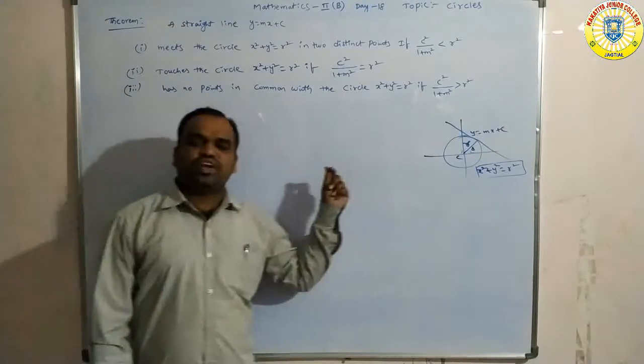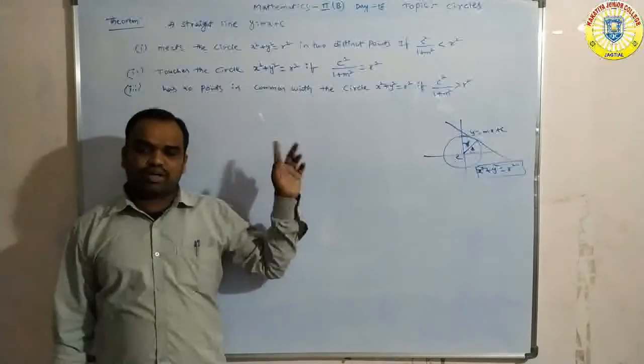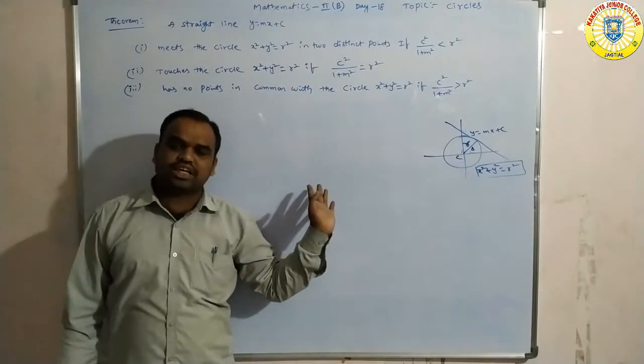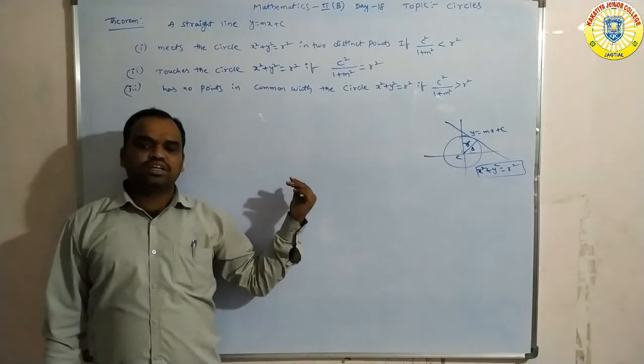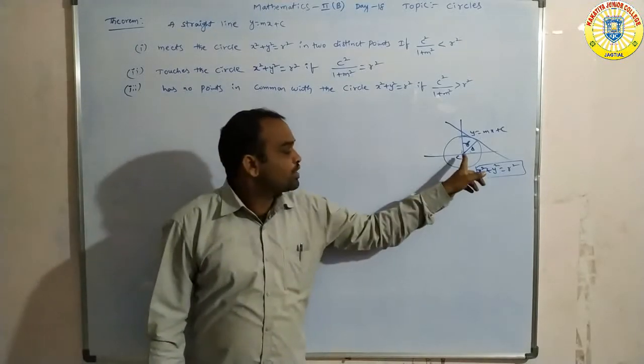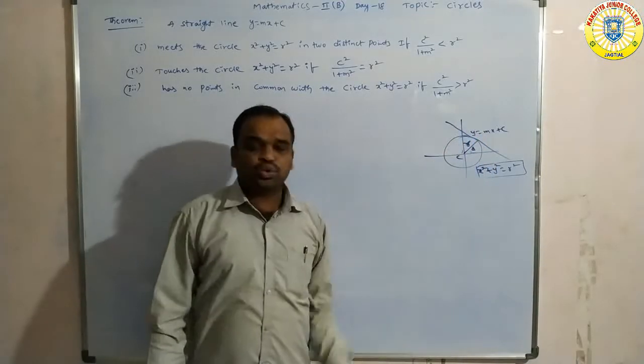See here, we have the conditions. The condition that the straight line y equals mx plus c intersects the circle, touches the circle, or does not meet the circle depends on which one, sir? The perpendicular distance from the center of the circle to the line.